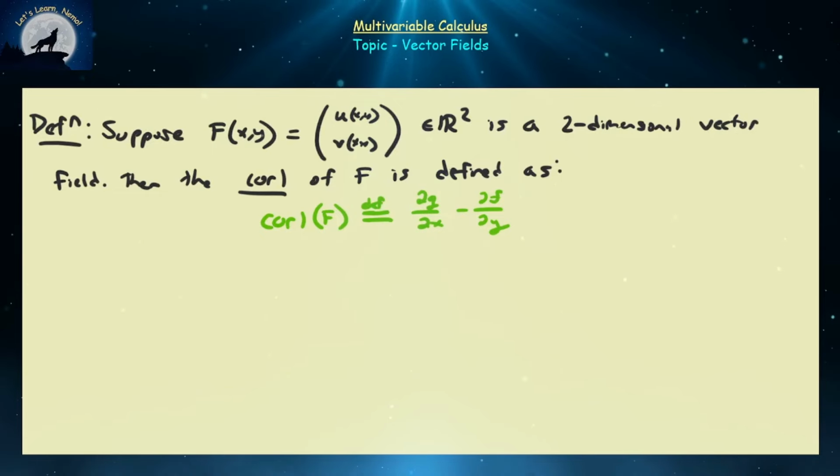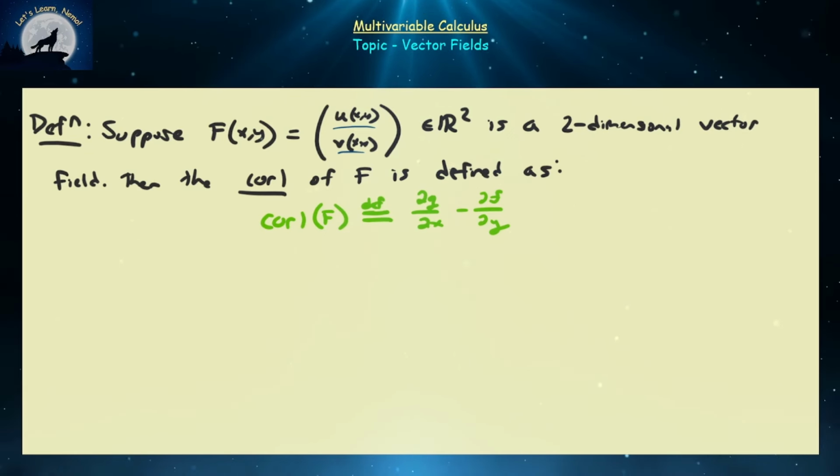So let's consider an arbitrary two-dimensional vector field F, whose first component is f and its second component is g, both functions of x and y. Then we say that the curl of this vector field is equal to the number, the partial derivative of g with respect to x, minus the partial derivative of f with respect to y. Now, where does this formula come from, and why do we want to define curl this way?